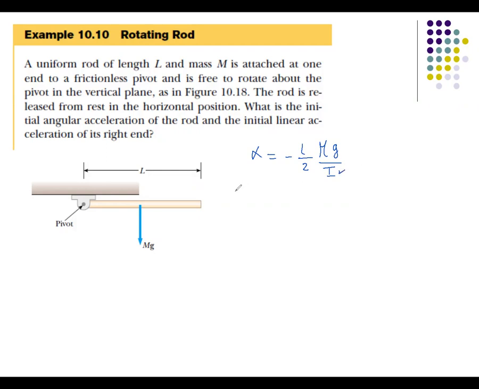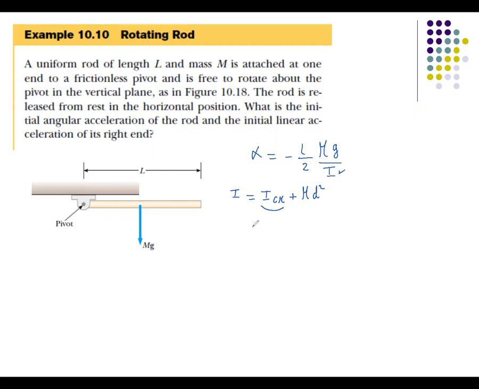I equals I_CM plus M D squared. In general, I give you I_CM and you can calculate I. D is the distance between mg and the pivot point.